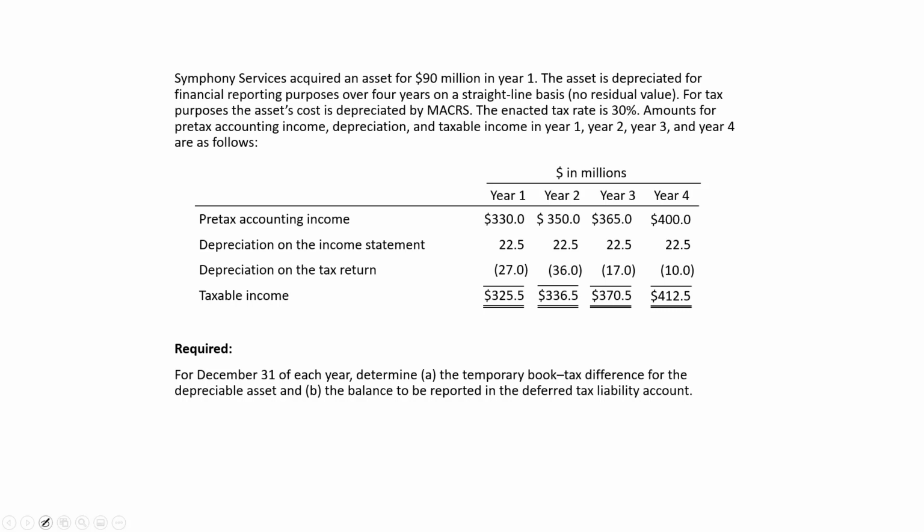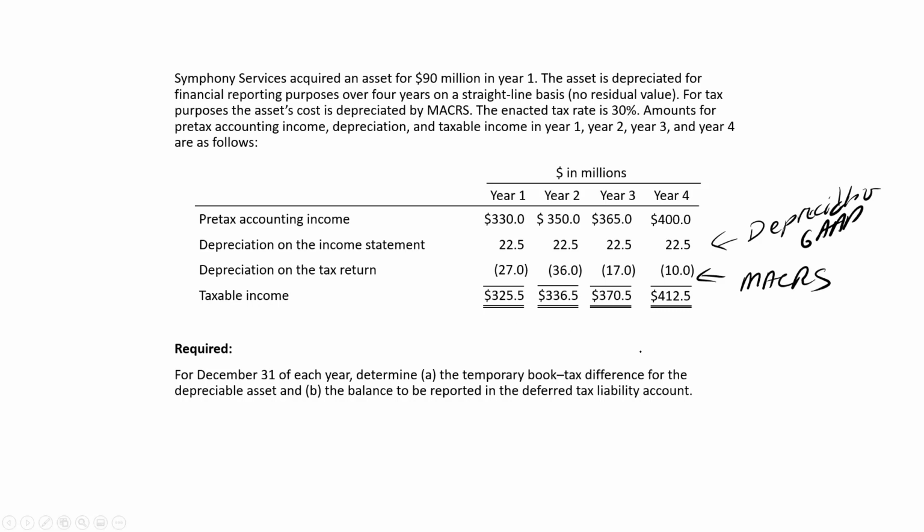Now, this is how your book likes to put it, and it's just a little different, but what they're doing is we're taking our pre-tax income, they are adding back the depreciation on the income statement, okay? So that's what's here. They're adding back depreciation under GAAP, and then they're subtracting this depreciation, which is MACRS. All right, and then they're coming up with taxable income.